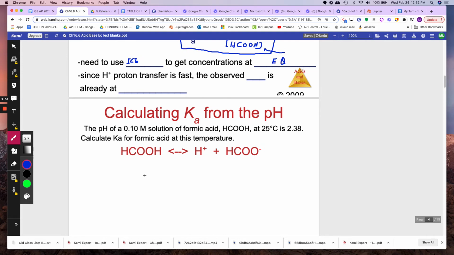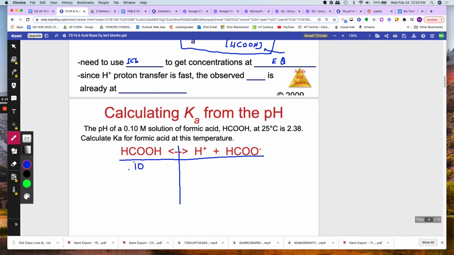So let's go ahead and start the ice box. Initially I have 0.10 and I have 0, 0 according to this. And it says the pH is 2.38.